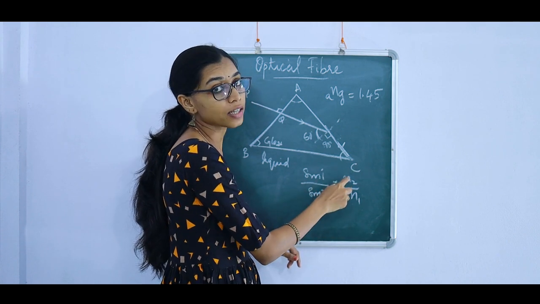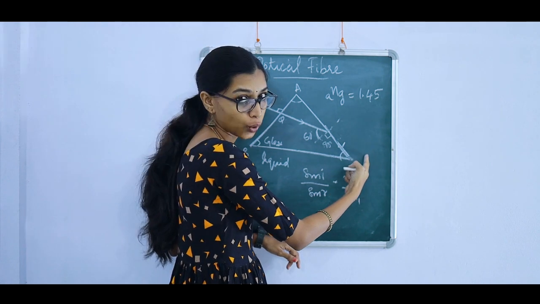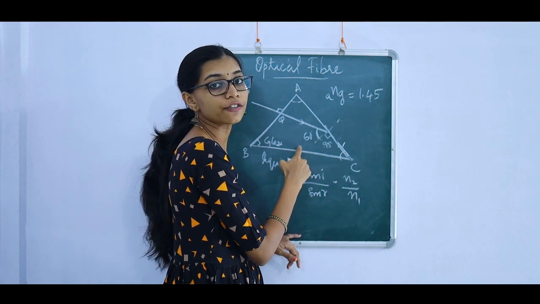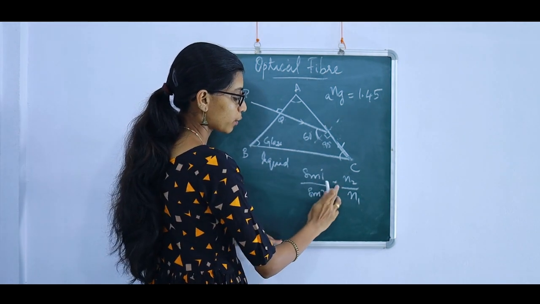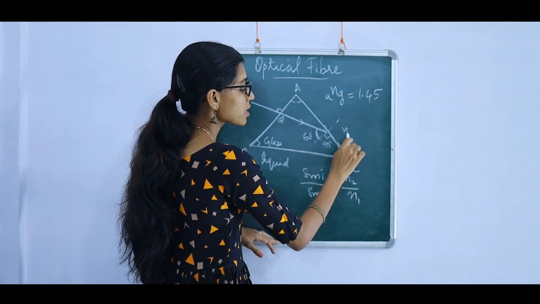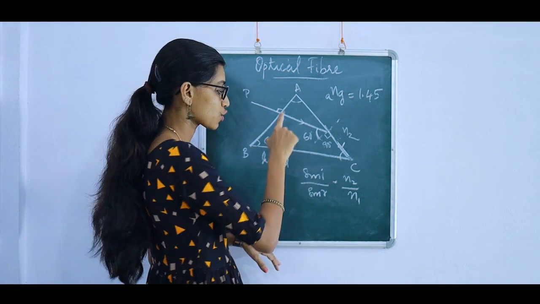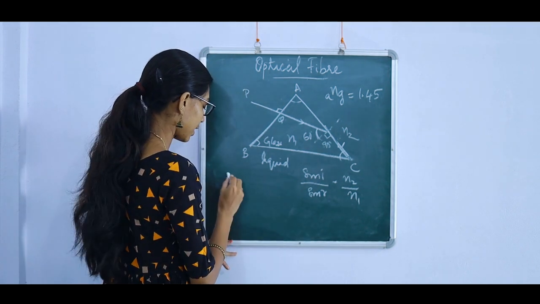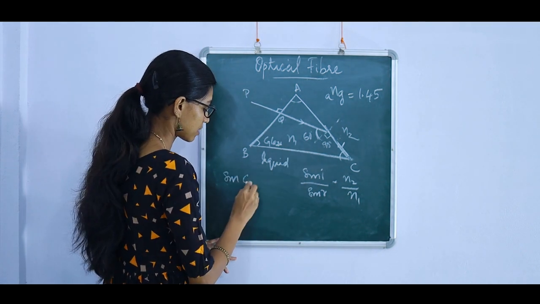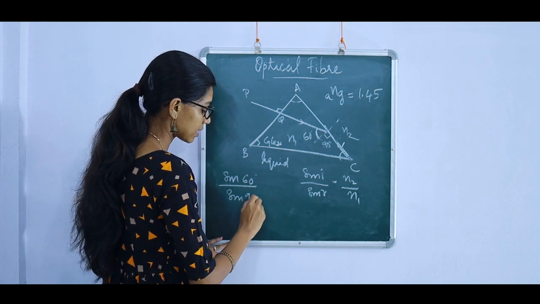Now in this, what is N2? N2 is the refractive index of liquid and N1 is the refractive index of glass. Sin I by sin R is equal to N2 by N1. So this liquid is your N2 and glass is your N1 because it is going from glass to the liquid. So sin I is sin 60 degree by sin R is sin 90 degree.